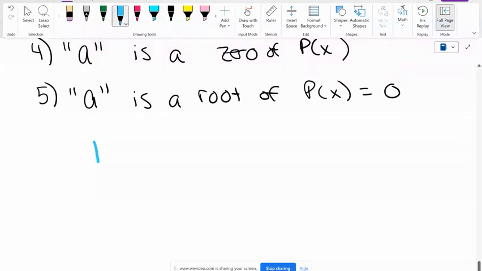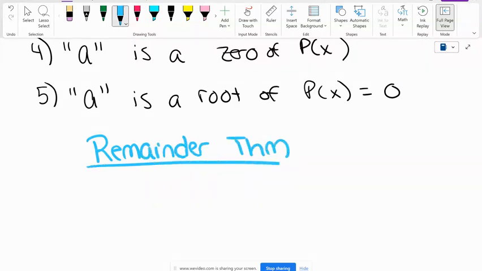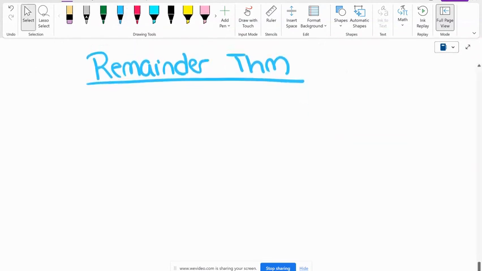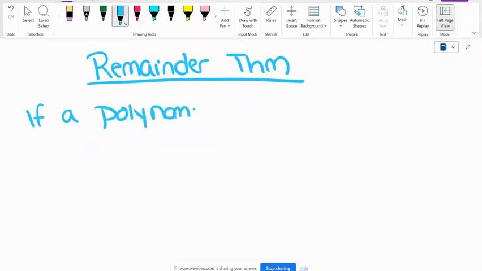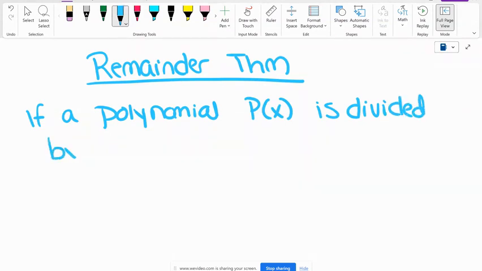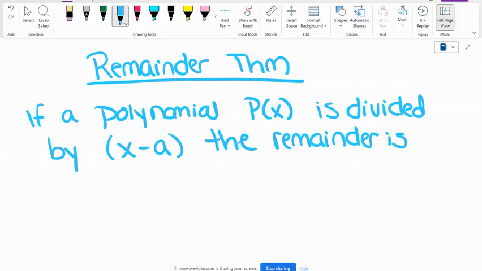Okay, next thing is called the remainder theorem. And the remainder theorem is going to tell us if a polynomial P of X is divided by the quantity of x minus a, the remainder is equal to P of A. I'll explain this because this is a big deal.